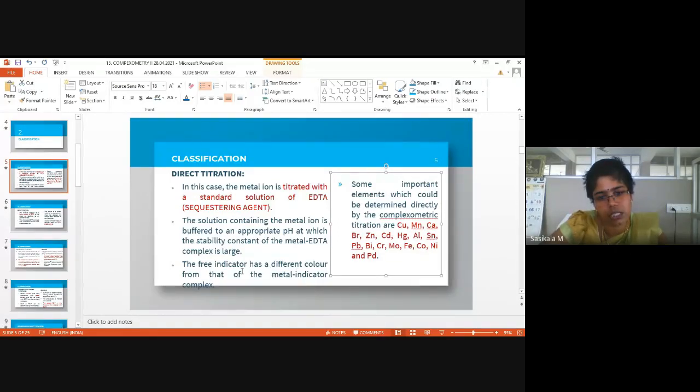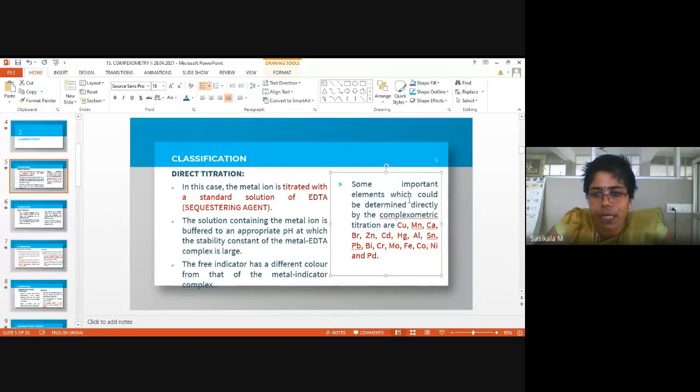The free indicator, the metal indicator complex and the metal EDTA complex all give different colors. This color change represents the reaction completion during titration. We are going to see what color change occurs in the coming slides.